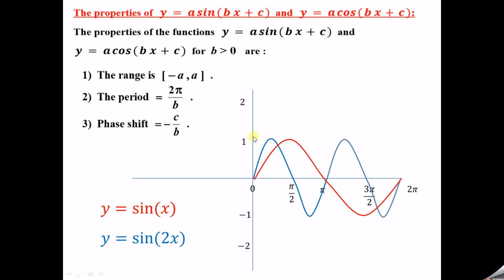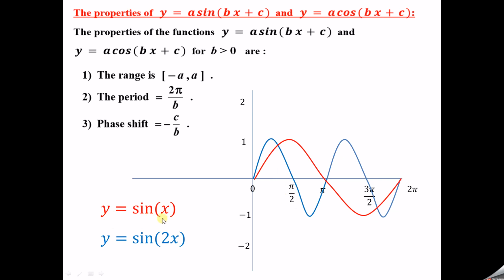For both the red colored graph, which represents sin x, and the blue colored graph, which represents sin 2x, the maximum value is 1 and the minimum value is minus 1.